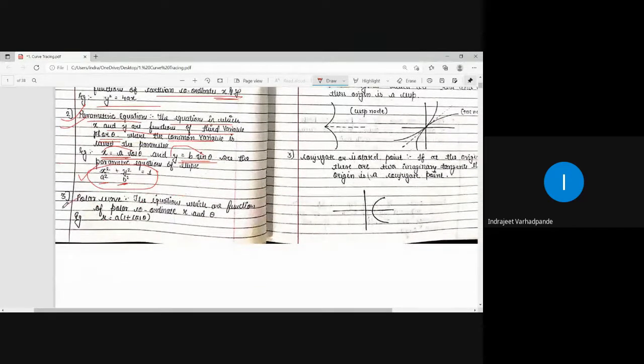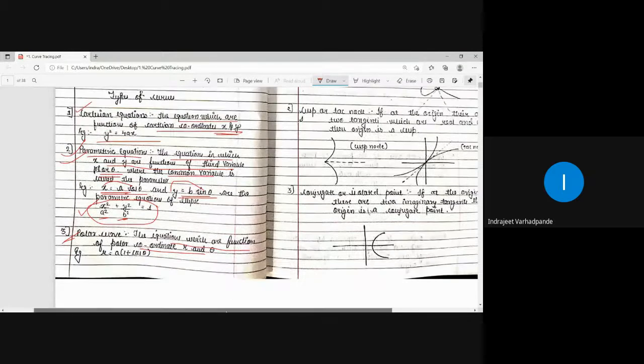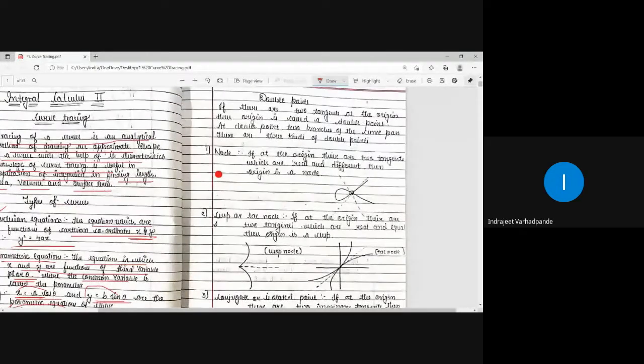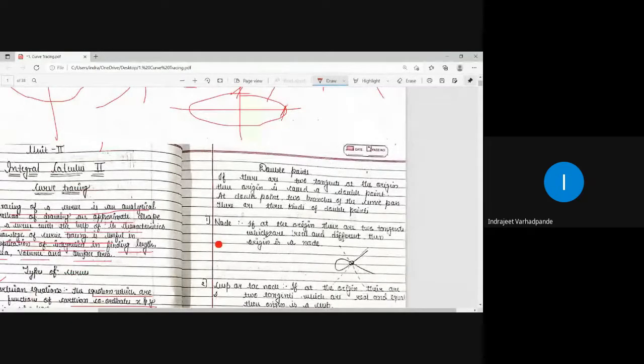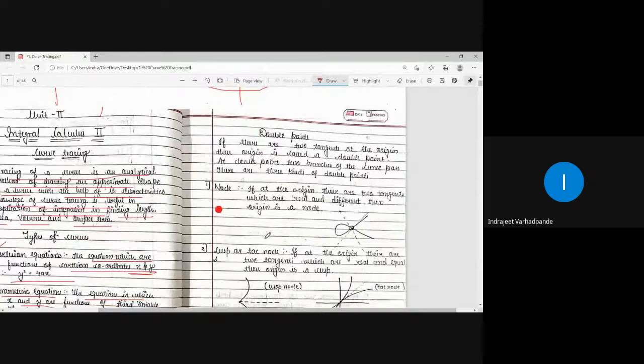The third category is polar curve. The equations which are functions of polar coordinates r as well as theta, we say that it is a polar curve. r is equal to a into 1 plus cos theta is identified as a polar curve because it contains the variables r as well as theta.